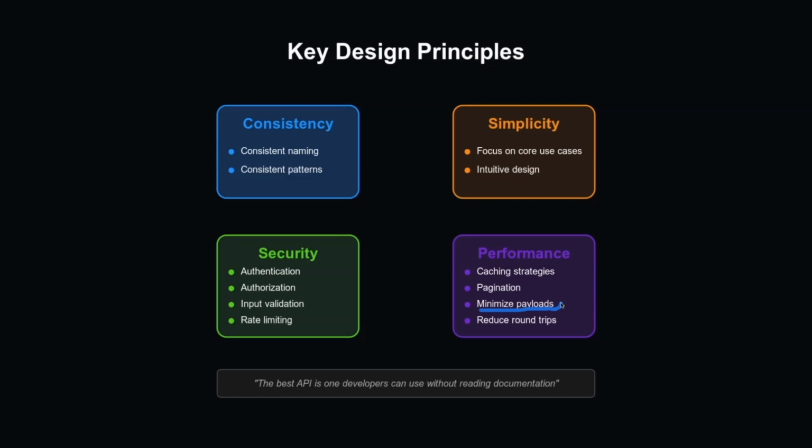Also, the payloads, meaning the data that you will send back, should be minimized. And also, whenever possible, you should reduce the round trips. So if you have the opportunity to send some small data along with the request of one of the endpoints, then it's better to do this if you know that you're going to use it instead of making another endpoint for making a request to get the same data.